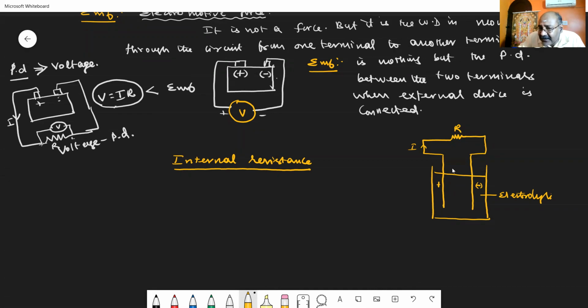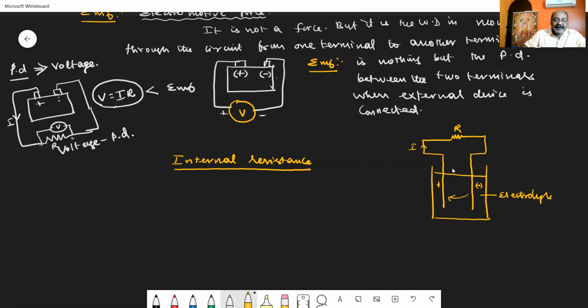Inside the electrolyte, that current will be flowing from the negative terminal to the positive terminal so that the circuit gets closed. So for the flow of electrical current inside the electrolyte, this electrolyte will offer some resistance for the flow of electrical current.